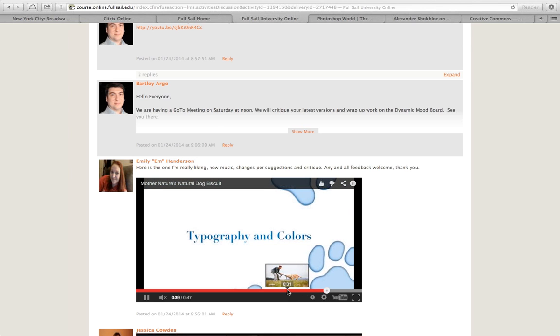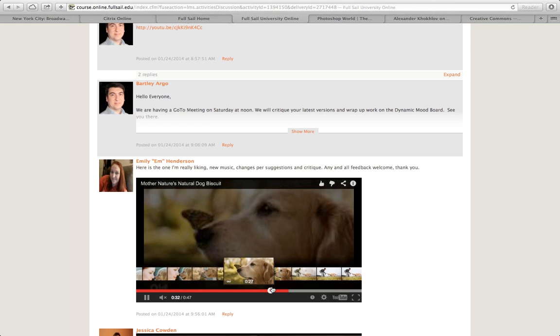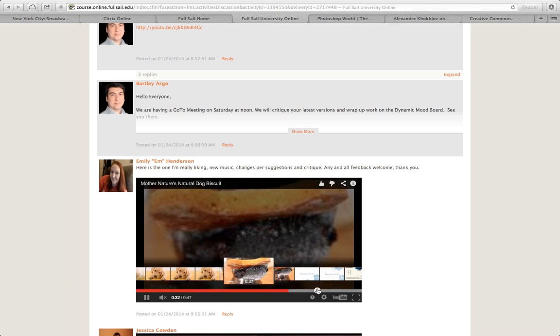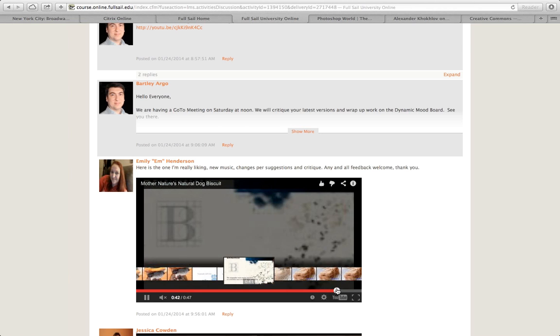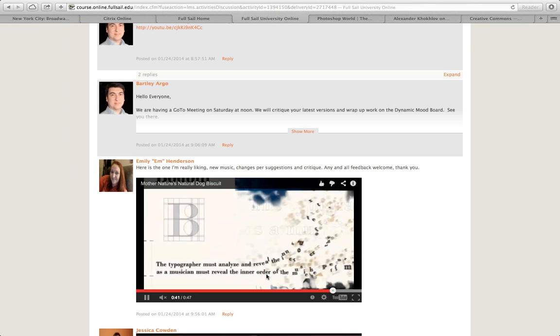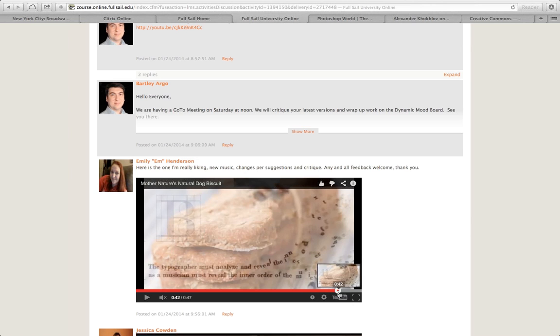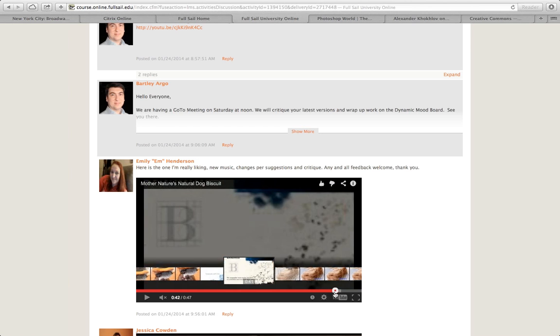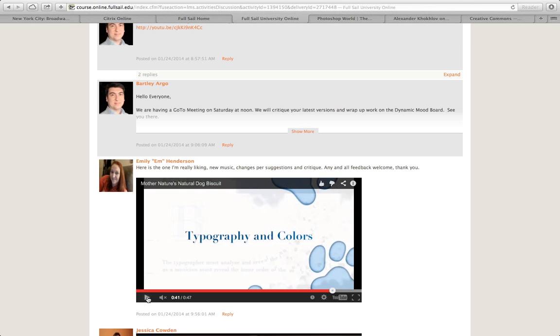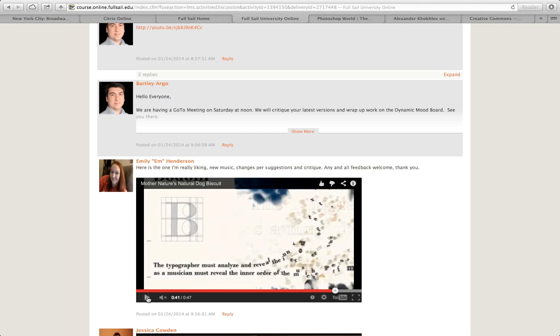The word tasty and the word treats, these things at the bottom are nice, but they're a little small and they're not really showing the campaign very well. Could you scroll back a little bit to where that B is in the top left corner of that image? That Bodoni type, I think. Right there.